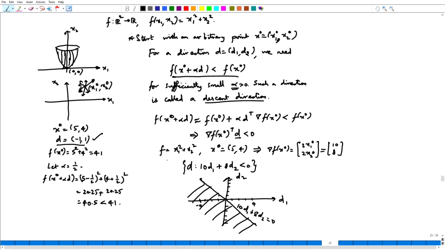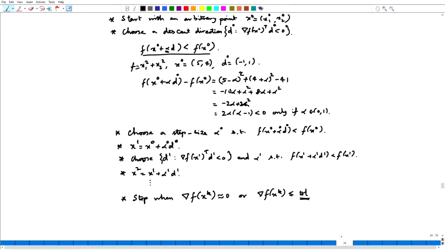But you can recall that we saw in this particular example, when f was x1 squared plus x2 squared and x naught was (5, 4), we have so many directions to choose from, right. If you are given a particular problem and you say choose one from an infinitude of directions, that is a very bad way of writing an algorithm. You must say that if this is f and this is x naught, choose this particular d, right.